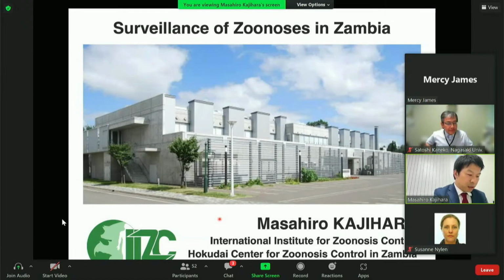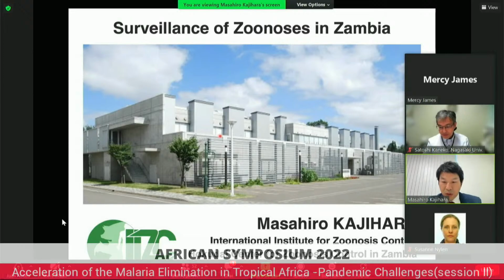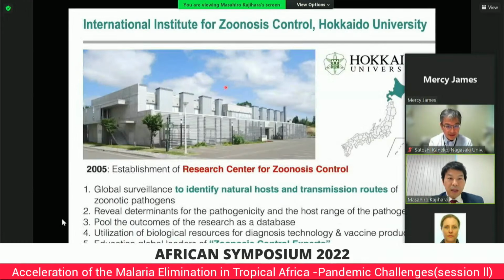Thank you for introduction. I'm glad to be invited to this interesting symposium. This is Masahiro Kajihara, Associate Professor in the International Institute for Zoonosis Control in Hokkaido University. Today I'd like to talk about our activities for the surveillance of zoonosis in Zambia. Our institute was established in 2005 as a research center for zoonosis control.